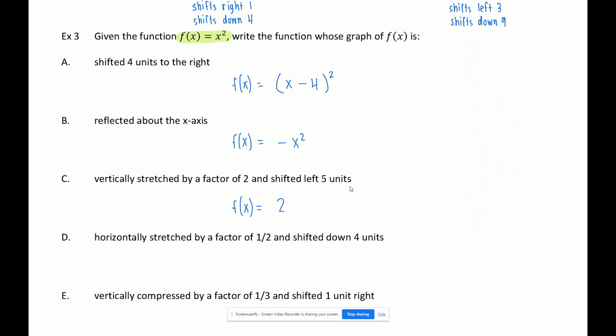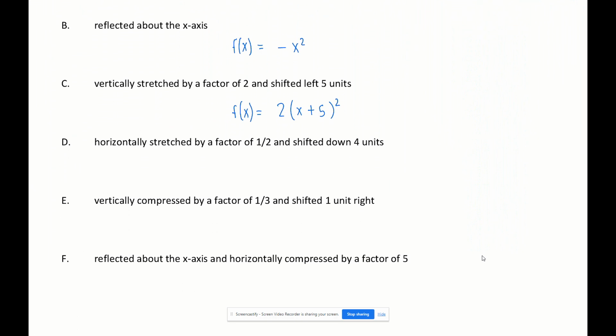That's another horizontal shift. Horizontal shift happens inside. So I need an inside now. Now, don't forget, inside it's the opposite. When I think about left 5, I think negative 5. So if I think negative 5, what's the opposite in here? Plus 5. So it's 2 times x plus 5 squared.